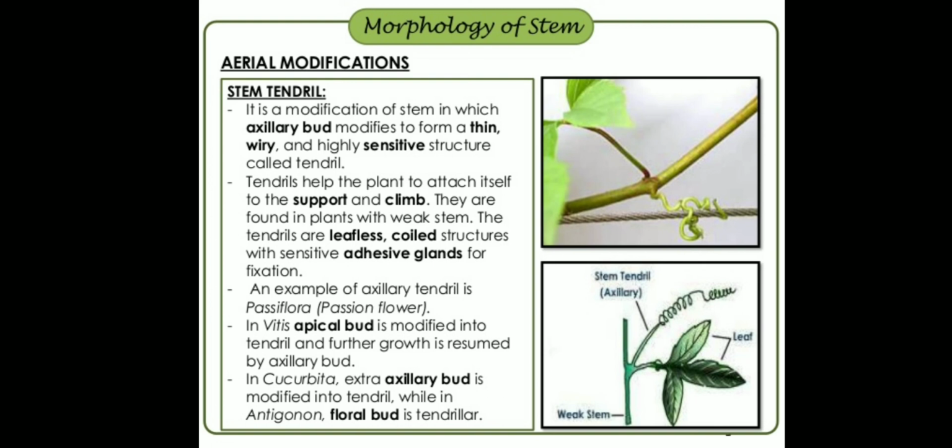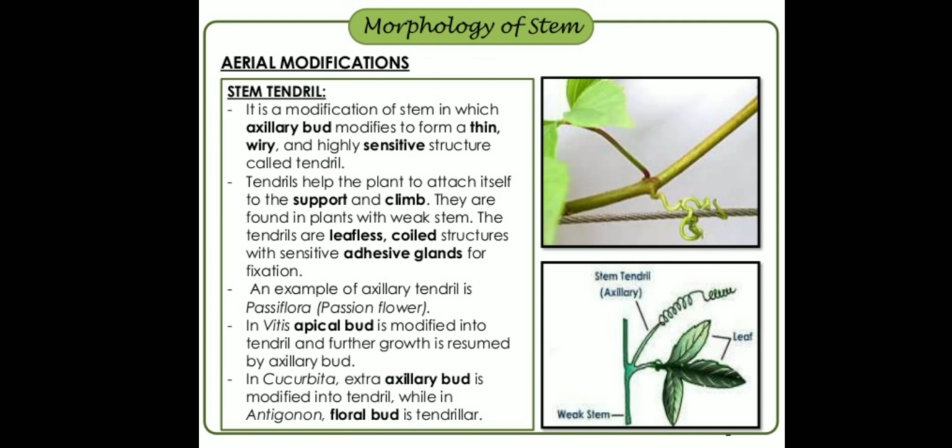Some aerial modifications of stem are stem tendrils. If you have seen a money plant, pea plant or squash plant, they have tendrils for support. It is a modification of stem in which the axillary bud modifies to form a thin, wiry and highly sensitive structure called a tendril. Tendrils help the plant to attach itself to the support and climb.